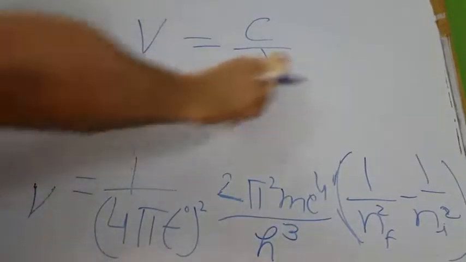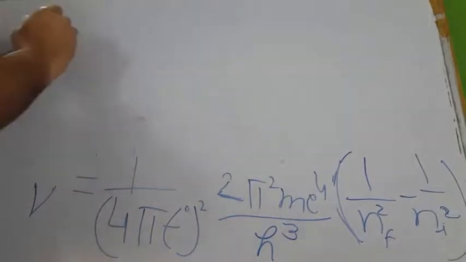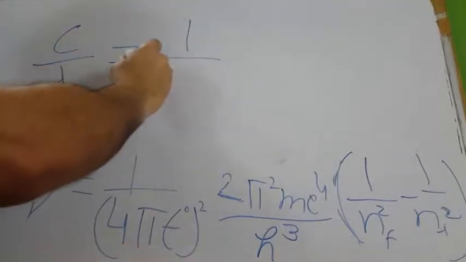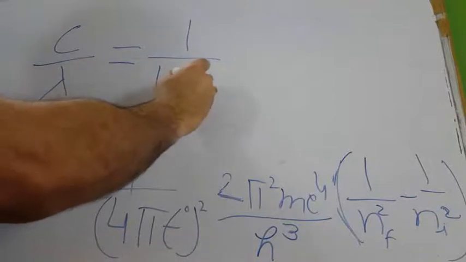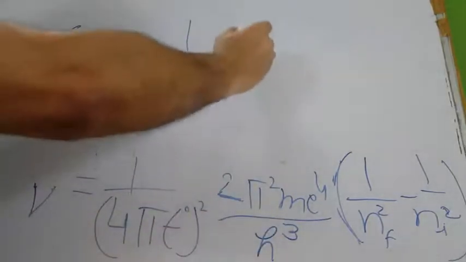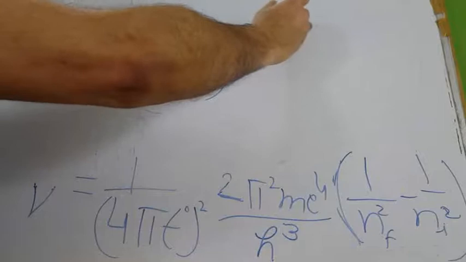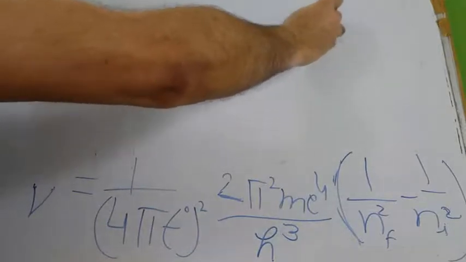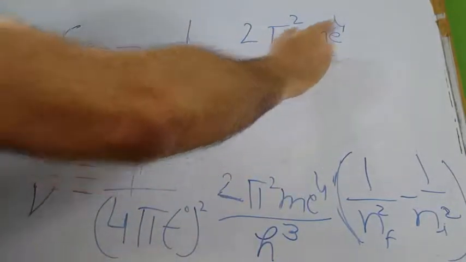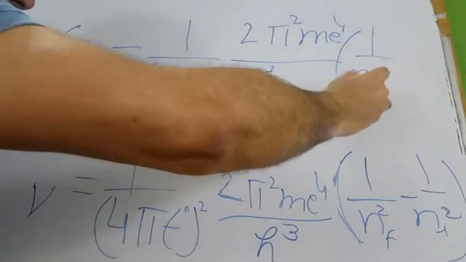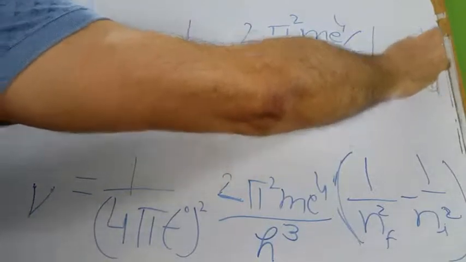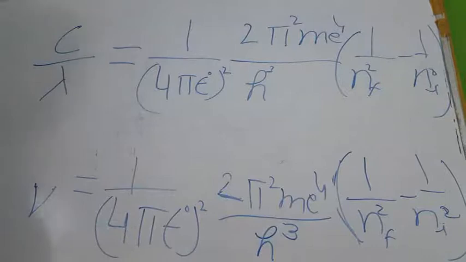Therefore, the equation comes out to be c upon lambda is equal to 1 upon 4 pi epsilon 0 whole square, 2 pi square m e to the 4 upon h cube, into 1 upon nf square minus 1 upon ni square. Here this is the equation.